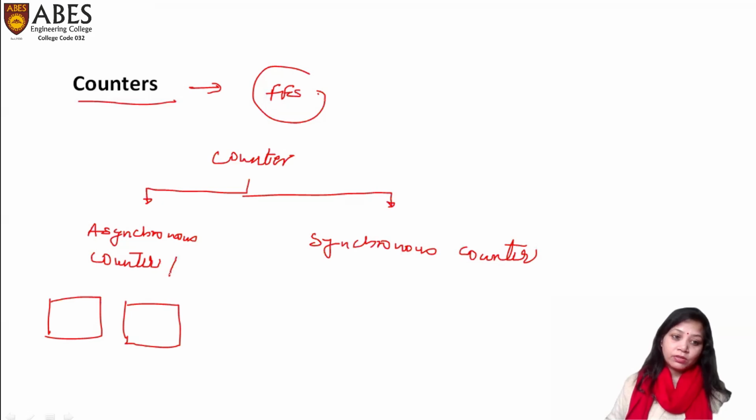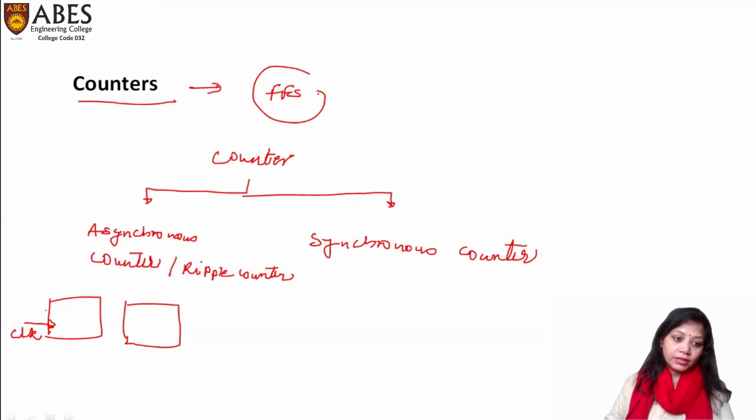Asynchronous counters are also called ripple counters. In an asynchronous counter, we give the clock pulse at the clock of the first flip-flop. This is the first flip-flop.